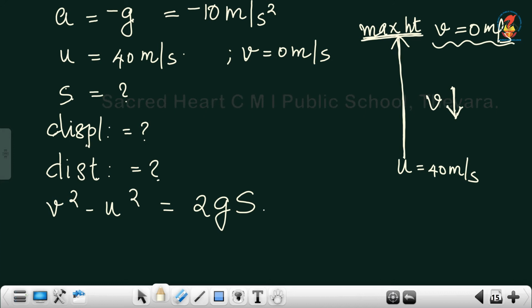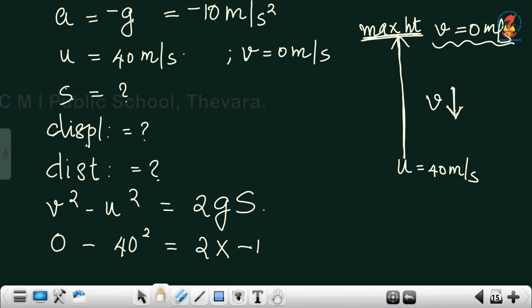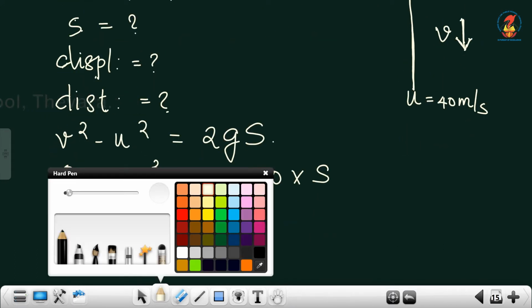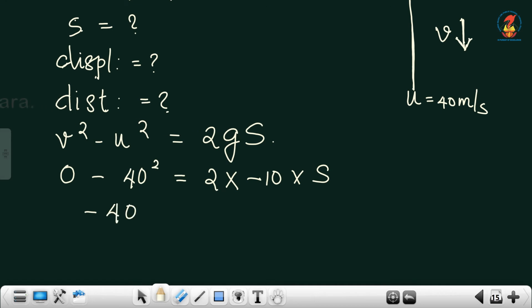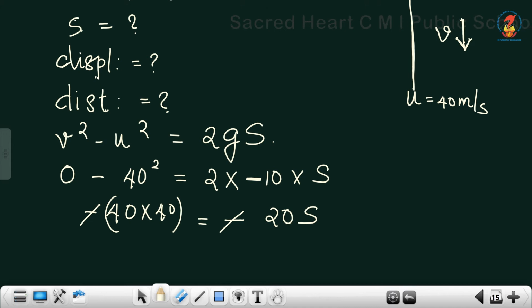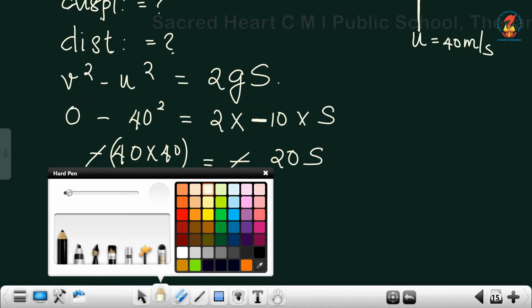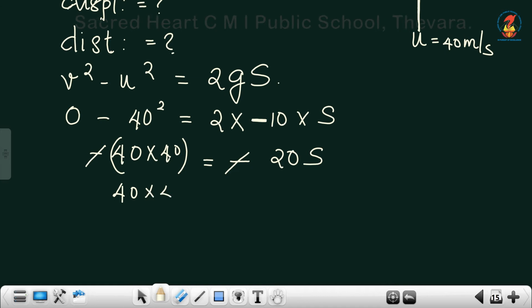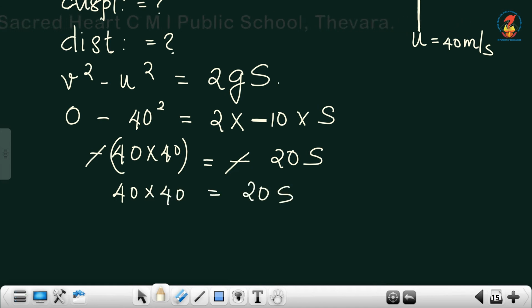Now substitute the given values. V is 0, minus U square is 40 square, is equal to 2 into g, which is minus 10, into S, which is what you need to find. That is minus 40 square, that is 40 into 40, is equal to, here also you have a minus, take it outside, 2 into 10 is 20S. Minus and minus cancel off, remaining is 40 into 40 is equal to 20S.